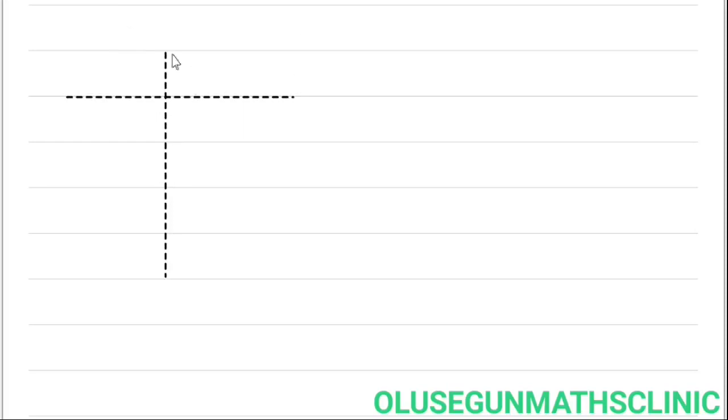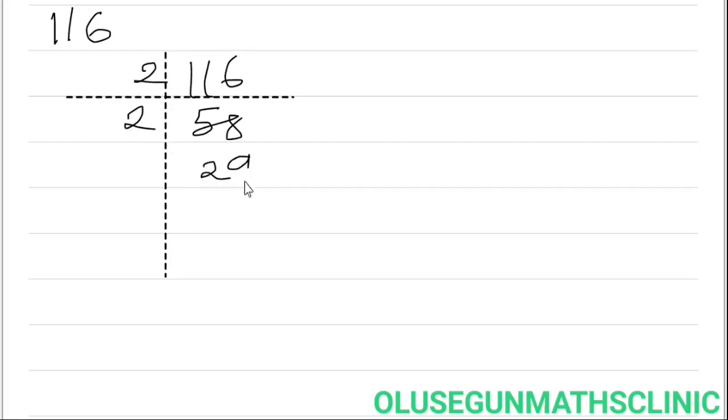So you write 116. Let's put 2 here. 116 divided by 2 will give us 58. 58 divided by 2, we have 29.